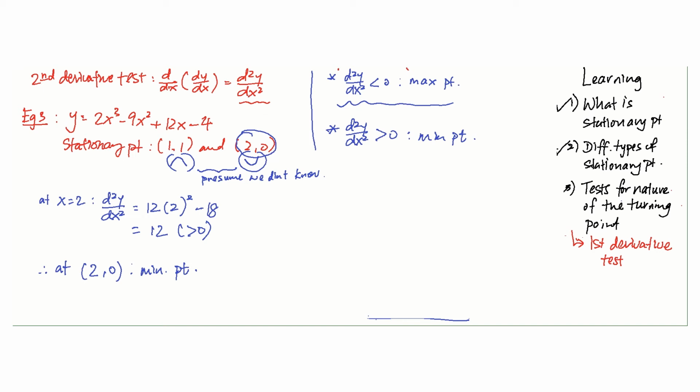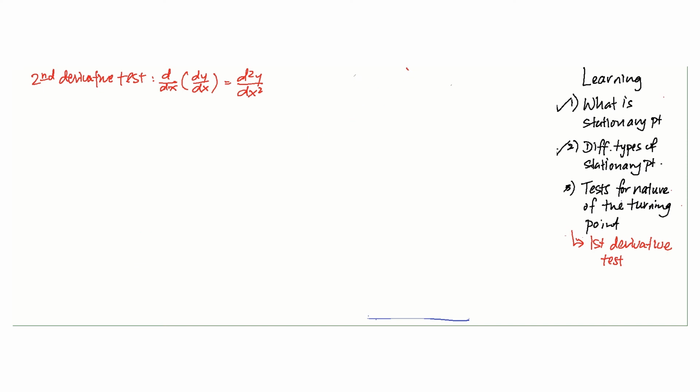Okay, so let us attempt to apply the second derivative test on another example that we have tried earlier. I would like you guys to have a look at try 4. Again, back to try 4. So instead of applying the first derivative test, I would like you to try to apply the second derivative test. In case some of us still can't quite follow, always remember, I need to find out what is my dy/dx, and then I need to solve my equation dy/dx equals 0 to get the x value of my stationary point.